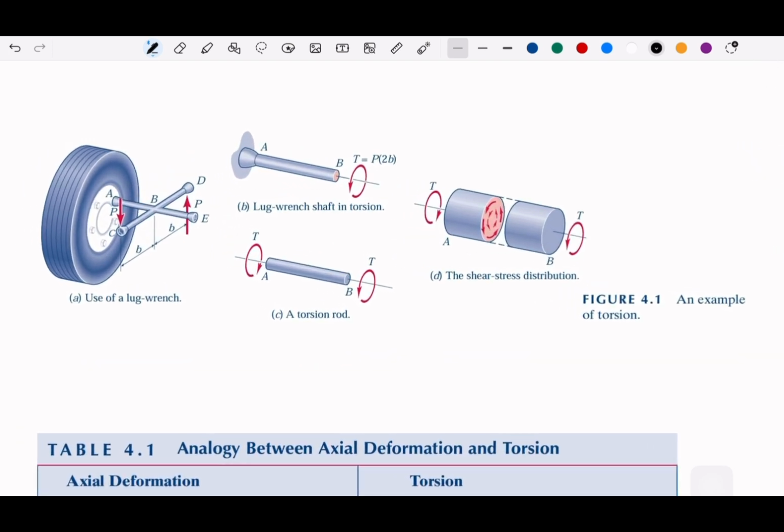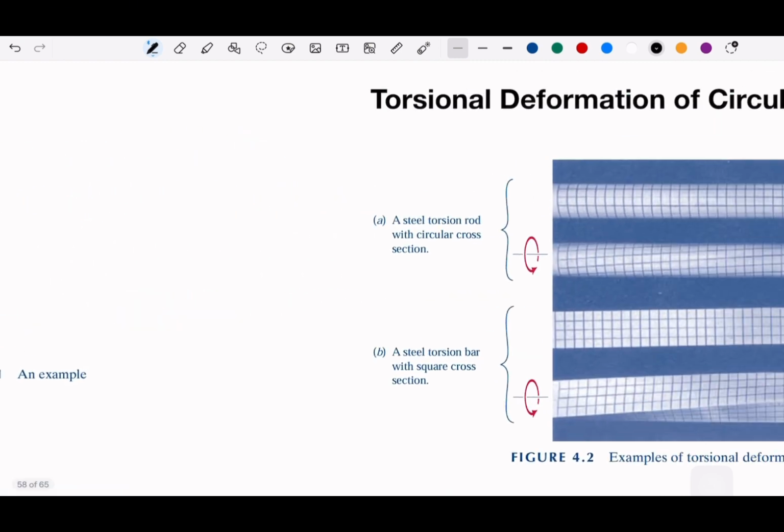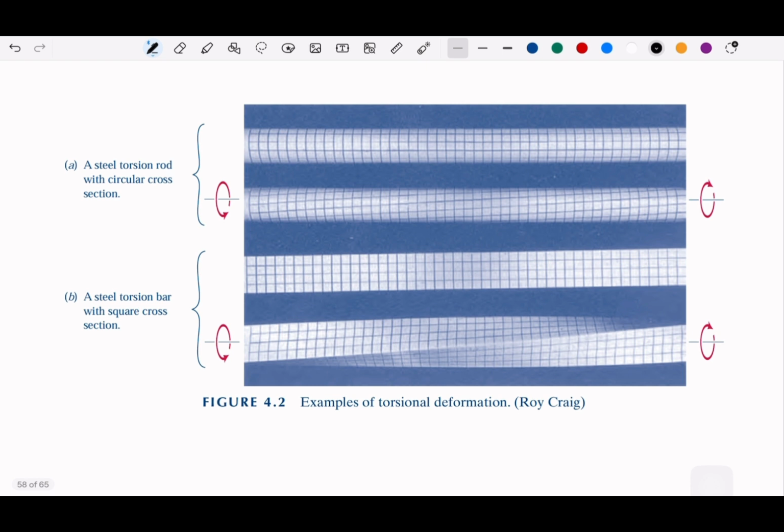Because we are dealing with something that is rotating, the elongation will be the angle, the difference in the angle. If we twist it, the point will be displaced and moved out from the system, and it will create a different angle. If we twist it, you see that the straight line becomes a gradient like that.